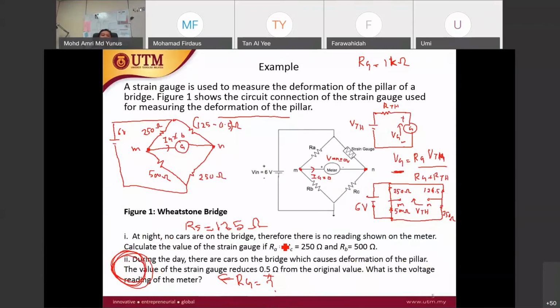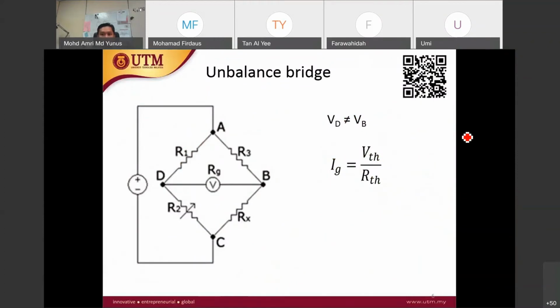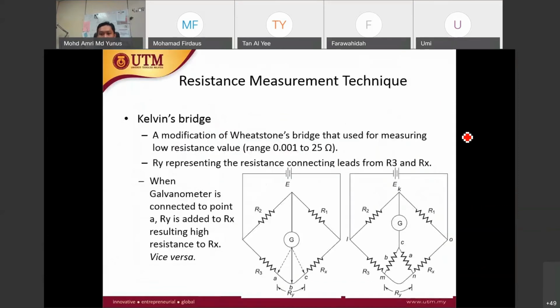When the bridge is not balanced, you have to go for Thevenin analysis or Norton circuit analysis.